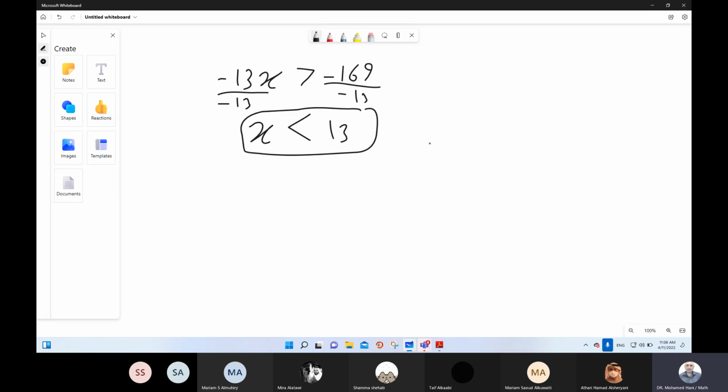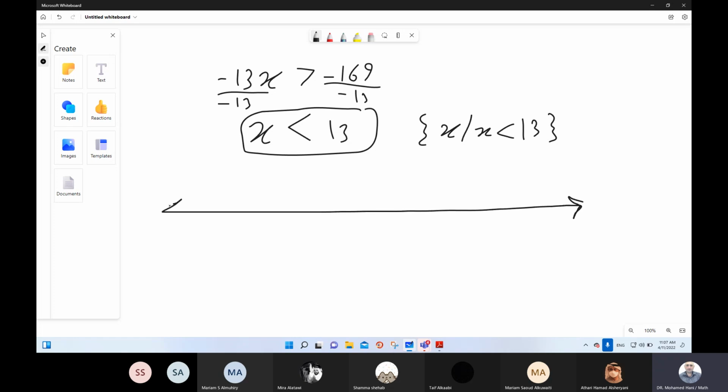Then we can write the solution set here: x such that x is less than 13. Then we can graph this inequality.